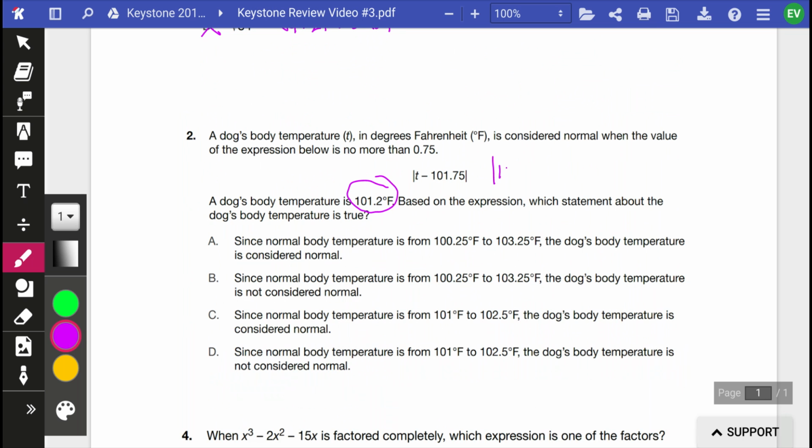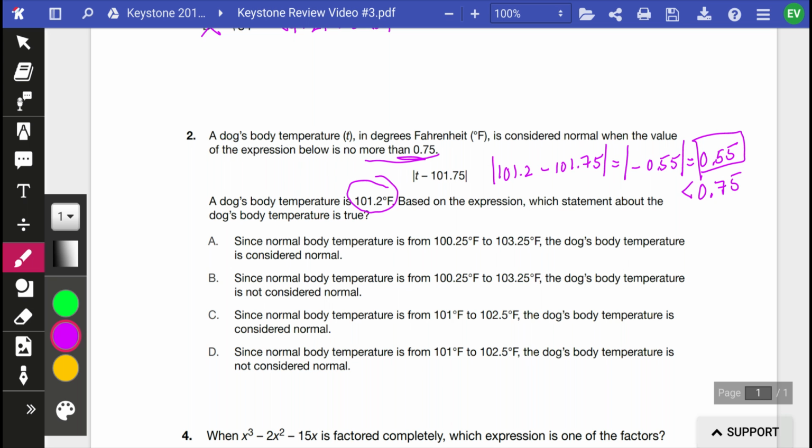So absolute value of 101.2 minus 101.75 is the absolute value of negative 0.55, which is 0.55. How does that compare to 0.75? It is less than, okay, so we'll put that over here, less than 0.75. So that's a good thing.